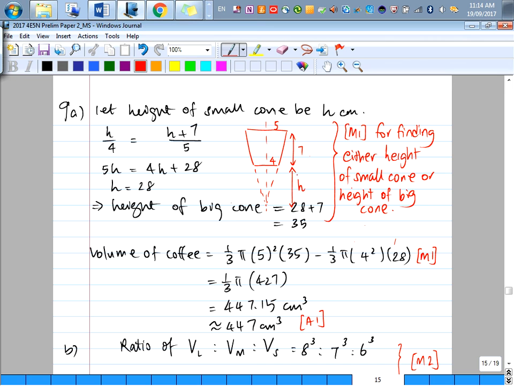The height of the small triangle divided by the height of the big triangle, which is h plus 7, equals the base of the small triangle, 4 divided by 5. So from here we solve for h to be equal to 28.